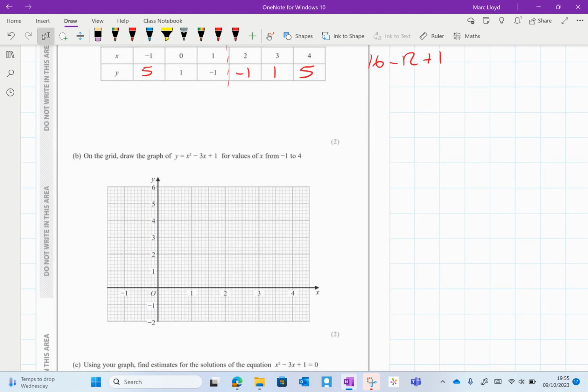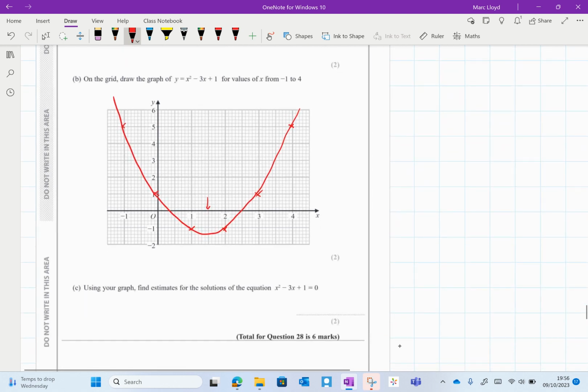So now we need to plot it. Minus 1, we're at 5. So put all your crosses onto the axes. And then there's another very important point. Now mine's not going to be as accurate because I'm using my Surface Pen. But we don't have a flat bottom graph. And we'll have a minimum point at 1.5. So make sure it dips below.